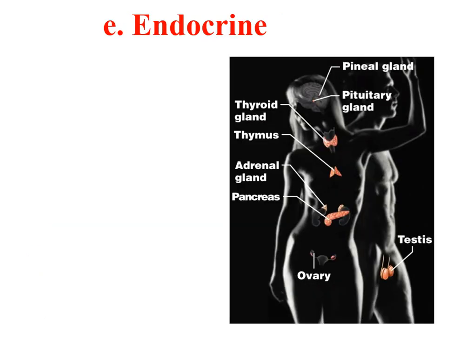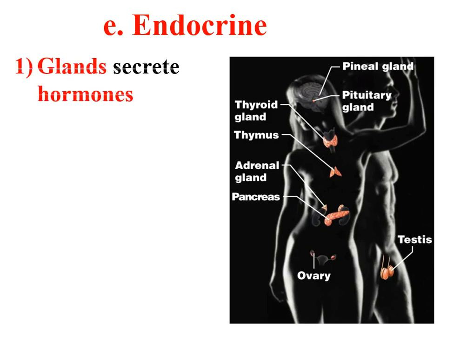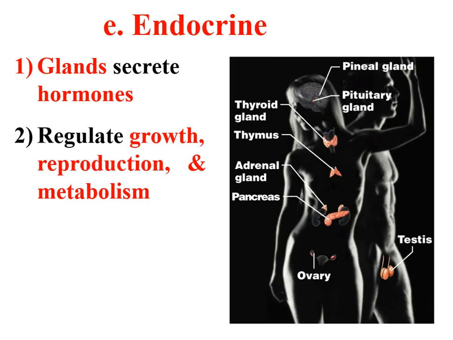In A&P2, you'll begin the semester with the endocrine system, and the endocrine system is made up of several endocrine organs and some endocrine tissues as well. Some examples are the thyroid gland, the thymus gland, the adrenal gland, pancreas, ovaries, testes, pituitary gland, pineal gland. Glands secrete hormones. And if you remember, maybe from another biology class, hormones are produced by an organ and sent somewhere else to do their action.